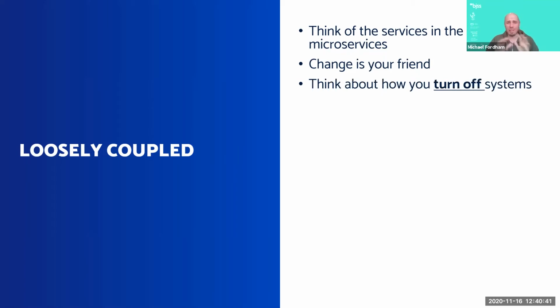And also think about how you turn off systems. A lot of the times when we look at application services and platform services in the cloud, we always ask ourselves two questions. We say, how easy is it to deploy? And how easy is it to operate? The question that rarely gets asked is, how do we turn this off?